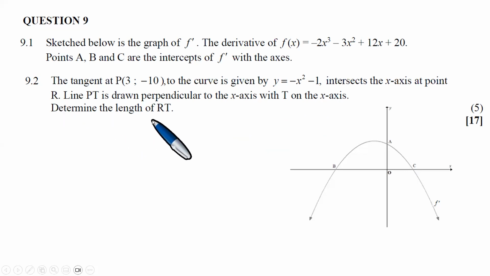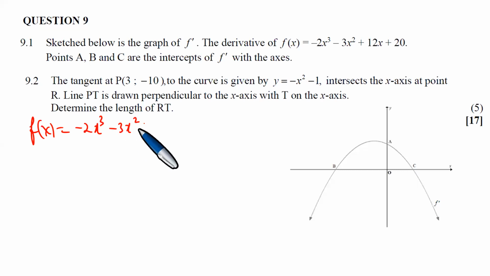Determine the length of RT. There was an issue with this question in the exam, so this question was removed from the exam paper. But it's very interesting to understand the question, so I'll analyze it with you. f is minus 2x cubed minus 3x squared plus 12x plus 20.